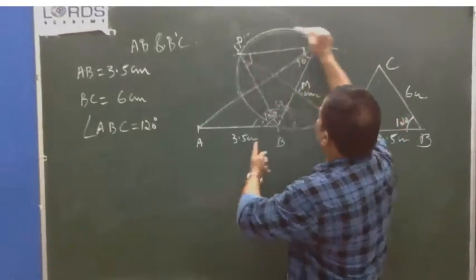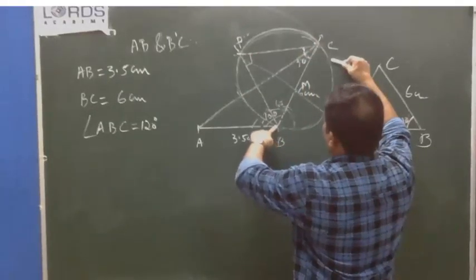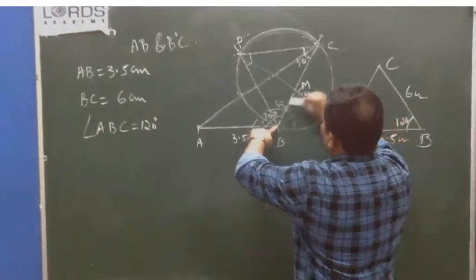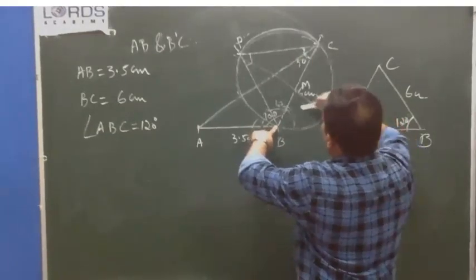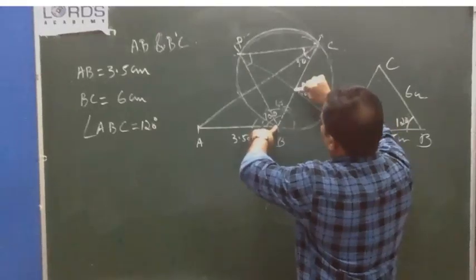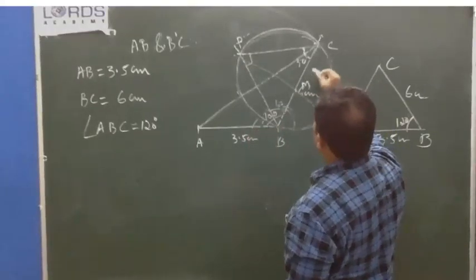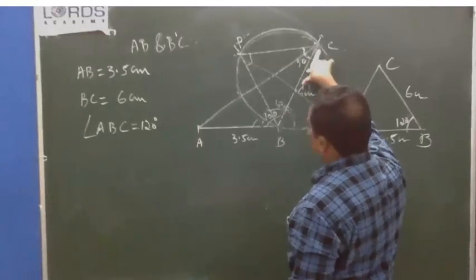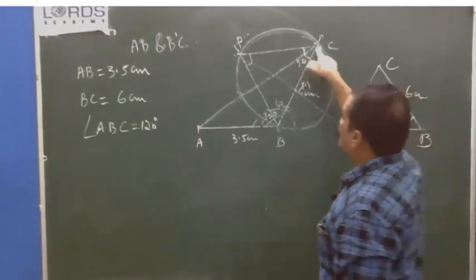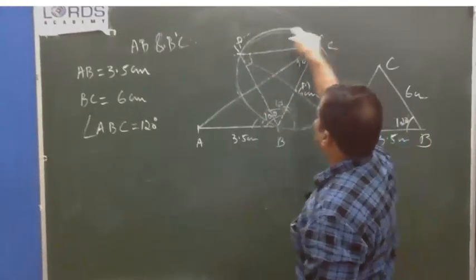That means the circle passing through B and C. For that you draw the perpendicular bisector of BC, then you will get the center of the circle, and then you can draw with MB and MC as the radius. You draw the circle that will pass through B and C.